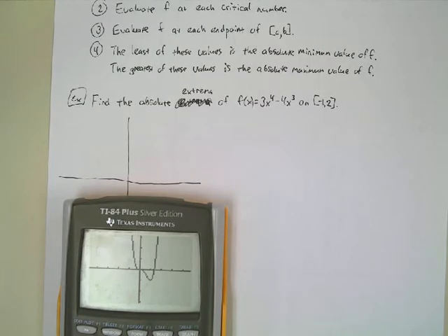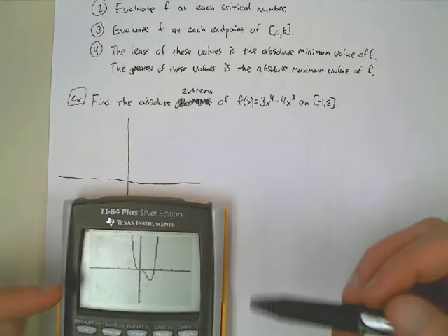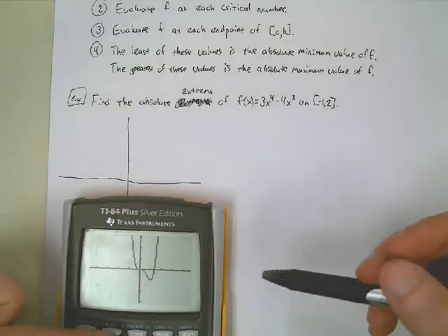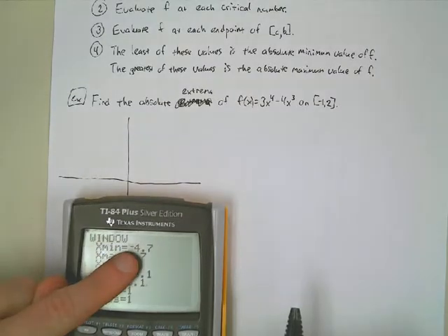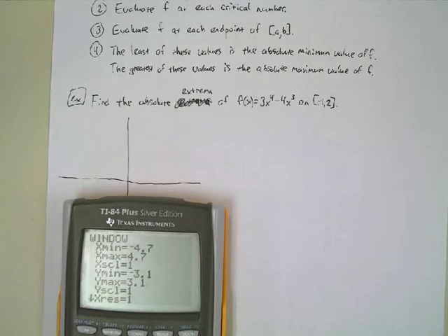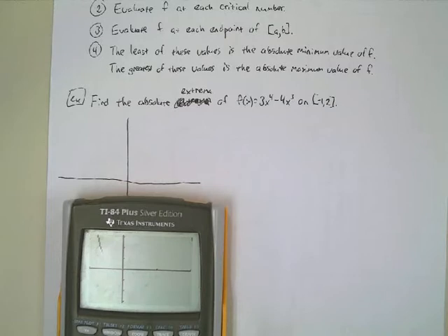Negative 1 to 2. So if I want to only view from negative 1 to 2 on my graphing calculator, I can press the window button. And instead of my x min being what it is right now, what should I make it? Negative 1, the lowest x value. And what's my x max? 2.